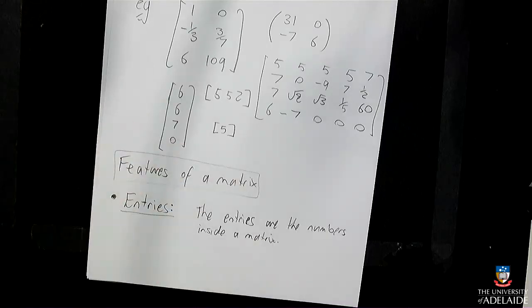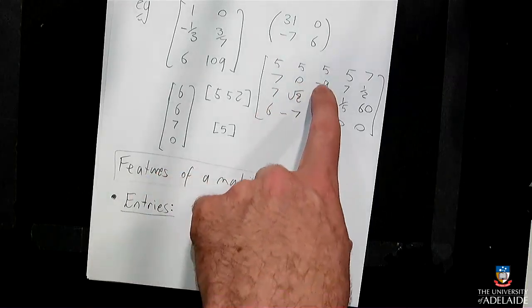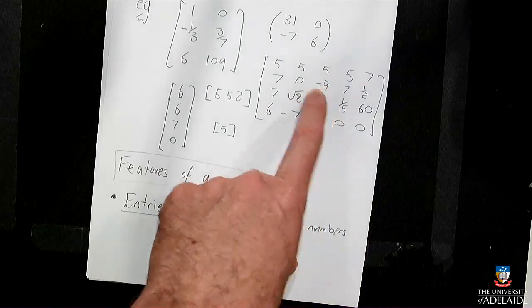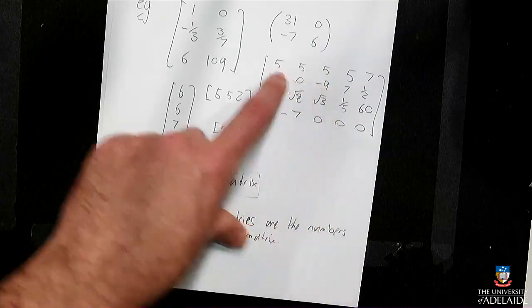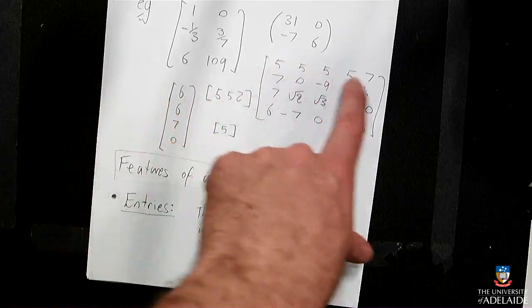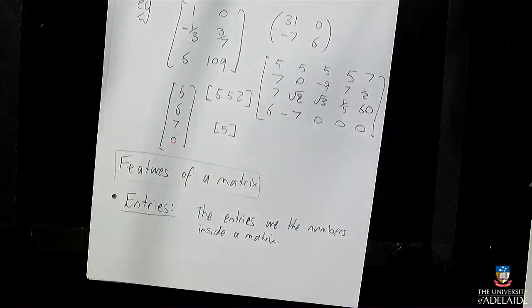They are the entries. And it's useful to be able to tell someone which entry you're talking about. So if your matrix is a rectangle and you want to talk about, say, this one, it's useful to tell them that it's in row 2, position 3. So we number the rows going down and the columns going across, and you can say which entry it is.